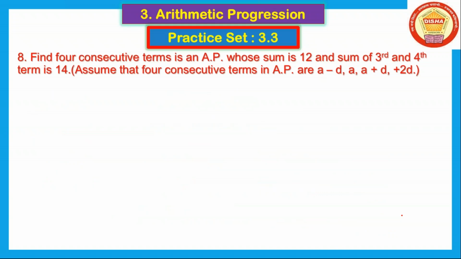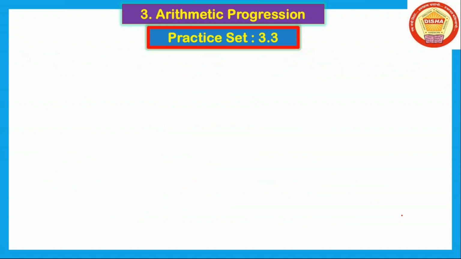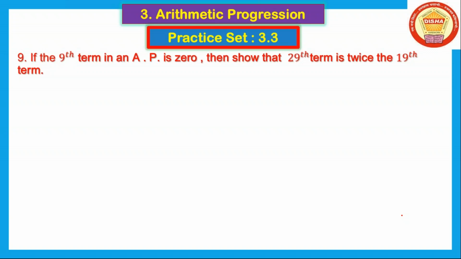Then we take the last example from the same practice set, which is given here. See now, if the 9th term in an AP is 0, then show that 29th term is twice the 19th term. So for given question, we write here what is given. It is given in the form of terms.